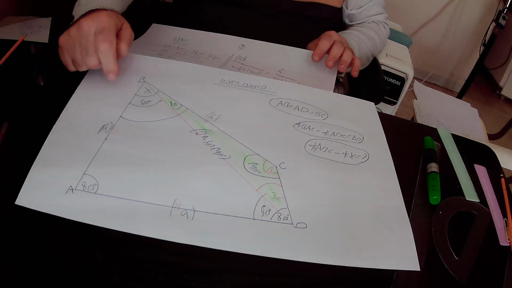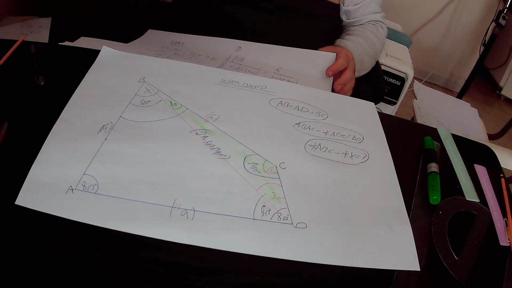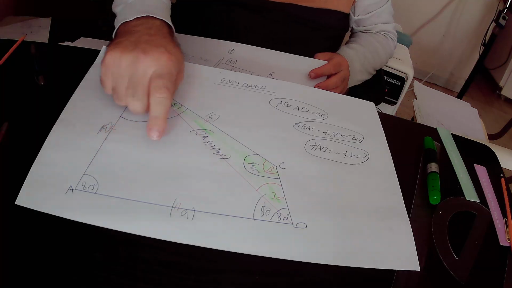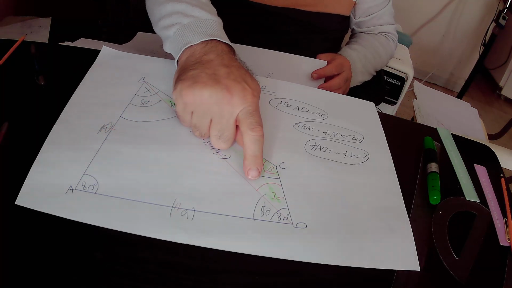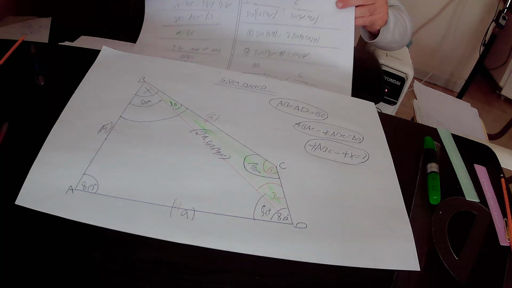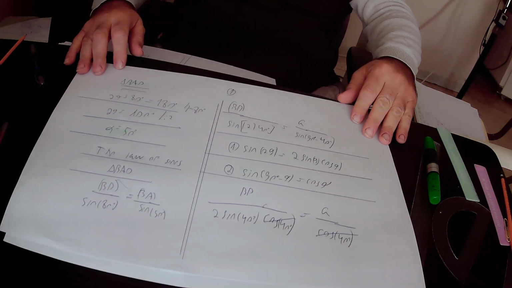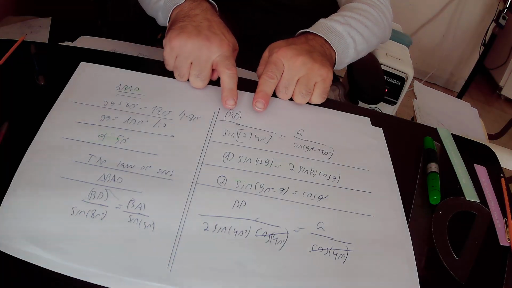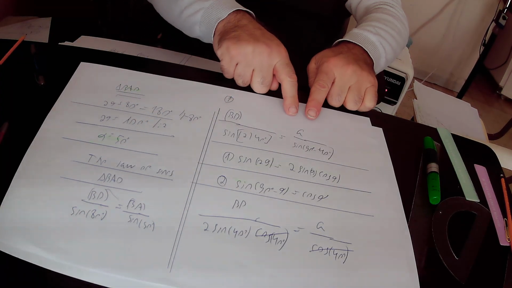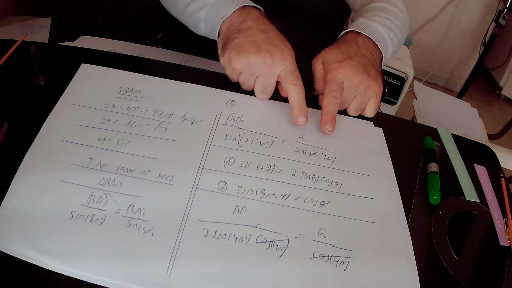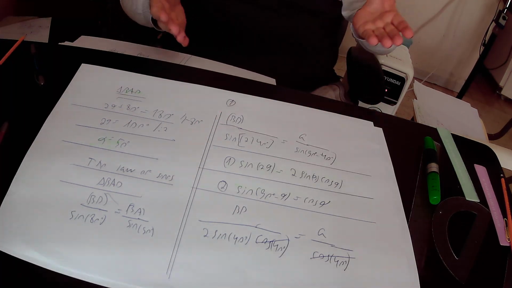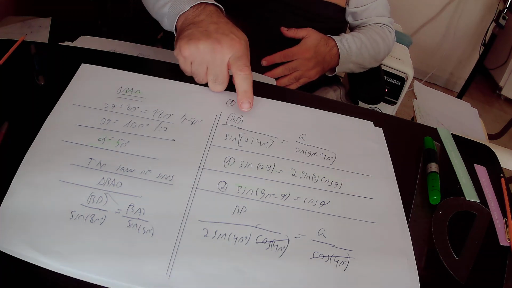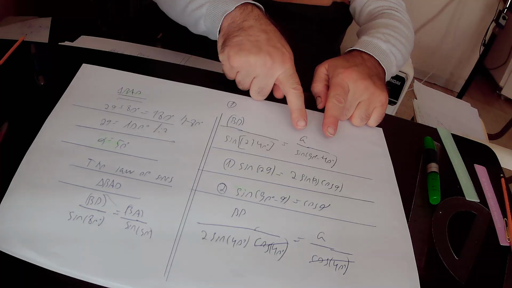BA equals a, so we substitute BA by a. We substitute 80 degrees by 2 times 40 degrees, and we substitute 50 degrees by 90 degrees minus 40 degrees. So in total, we found that BD over sine of 2 times 40 degrees equals a over sine of 90 degrees minus 40 degrees.